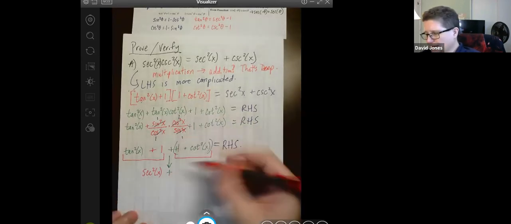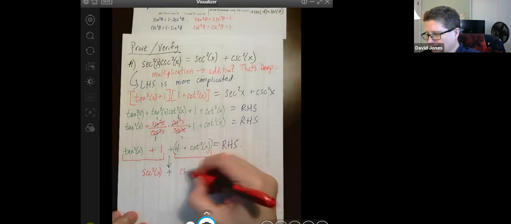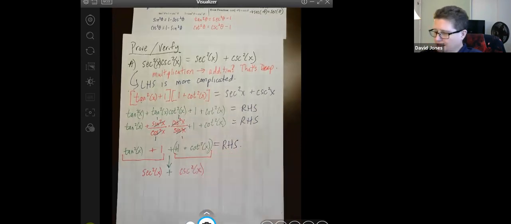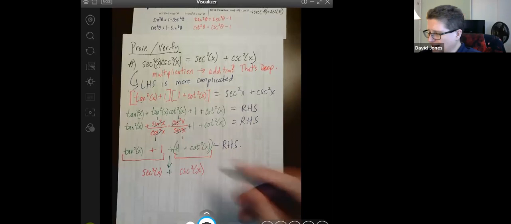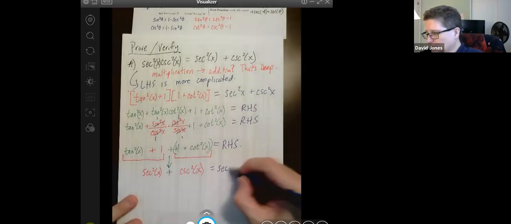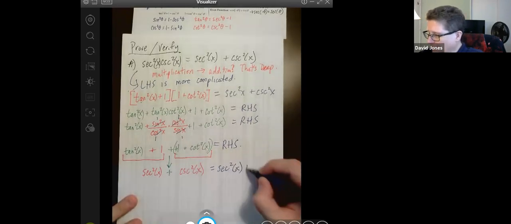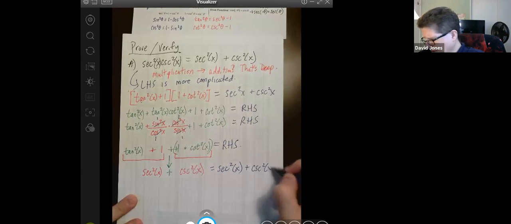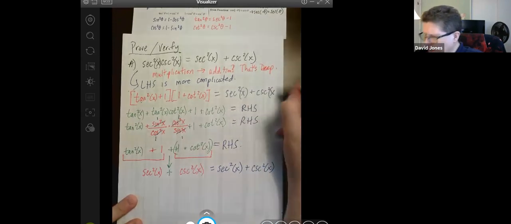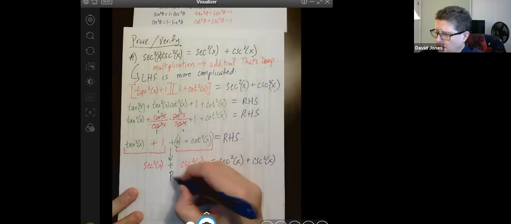And 1 plus cotangent squared is cosecant squared x. And the right-hand side, I'm going to write it down again because that's what it was. I got where I was going. Ta-da! Proven.